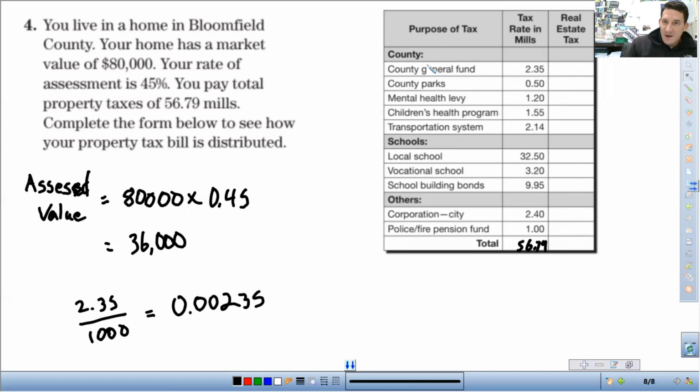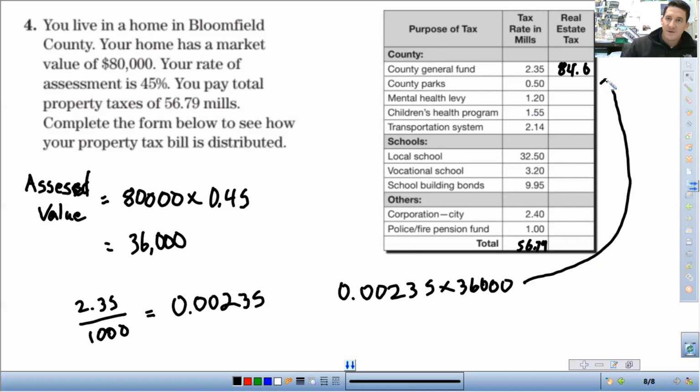Then to figure out how much goes to the general fund, you multiply that by the assessed value. 0.00235 times 36,000 is $84.6, which goes towards the general county fund.